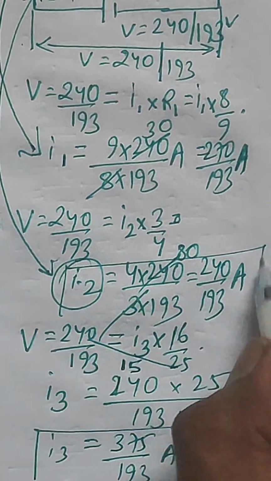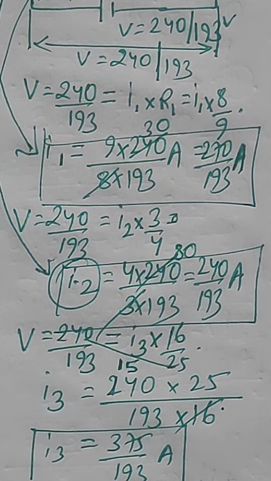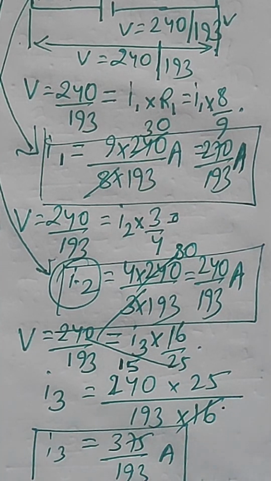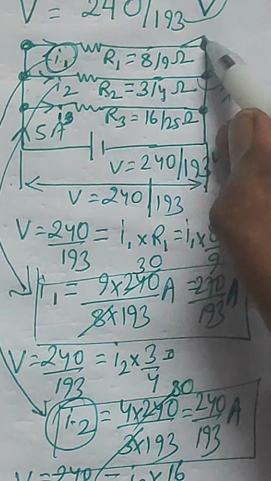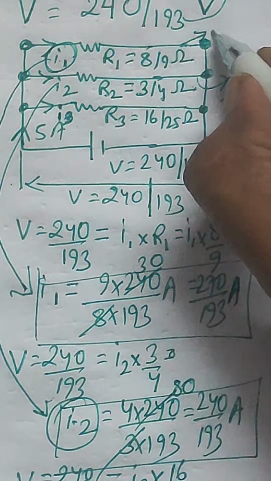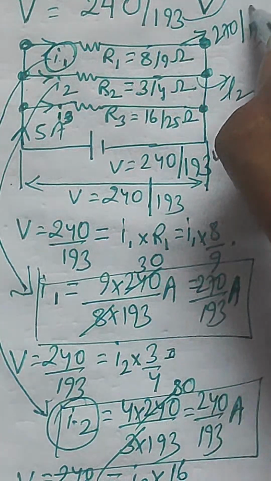So we have calculated I2, we have calculated I1. So we can say that the three currents as flowing through these three branches: into the first branch, it will be I1, that is 270 by 193 ampere.